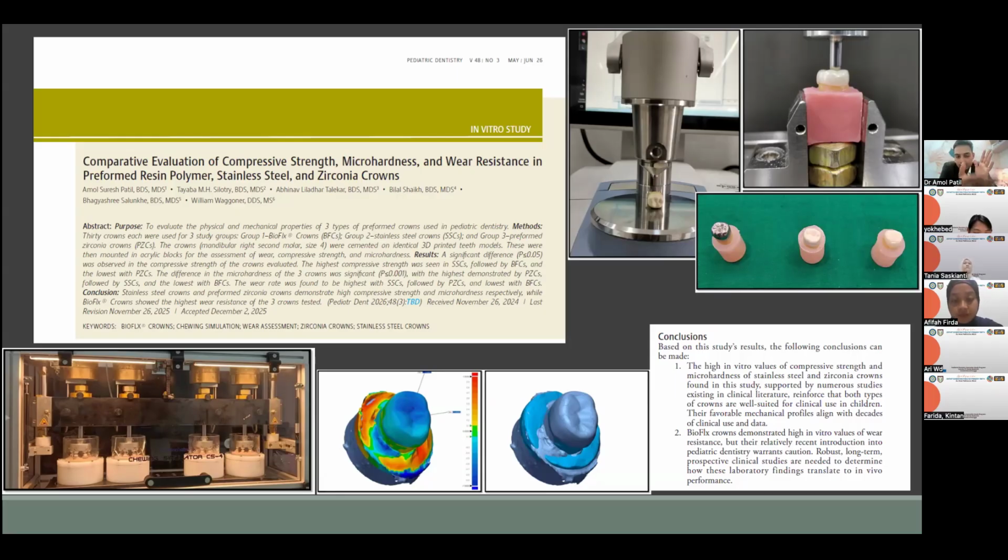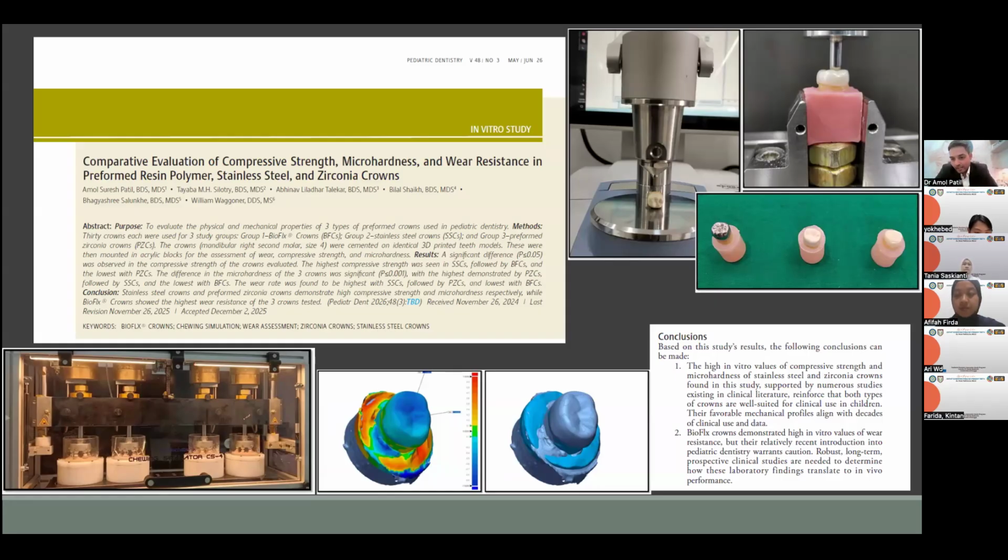We placed these crowns in an incubator chamber where saliva was used as a medium, and opposing these crowns there was a tooth structure which was continuously running in motion.